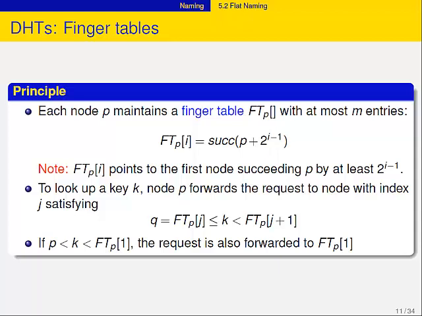Now look what I'm doing over here. This is a crucial observation. The finger table of node P, its ith entry, points to the first node succeeding P by at least 2 to the power i minus 1. Okay? If I simplify this a bit, what I'm saying is the following.